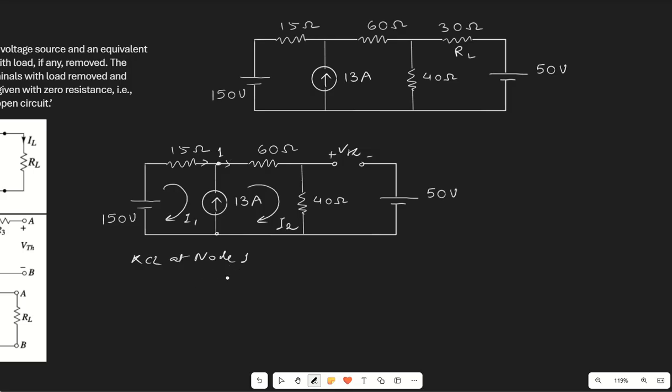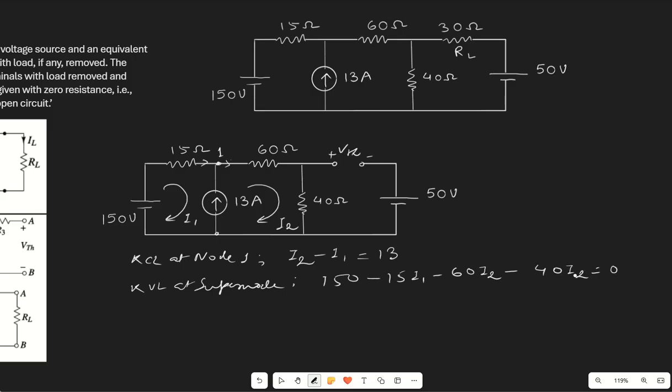Applying on node 1, we will have I2 minus I1 equals 13. Then writing KVL at the super node, we have 150 minus 15 I1 minus 60 I2 minus 40 I2 equals 0.